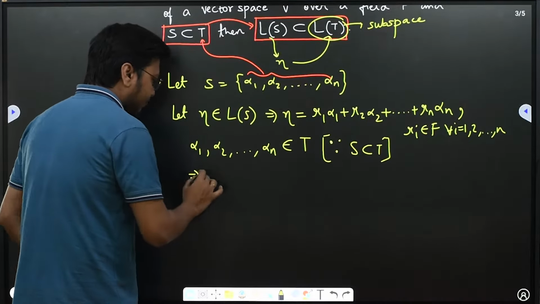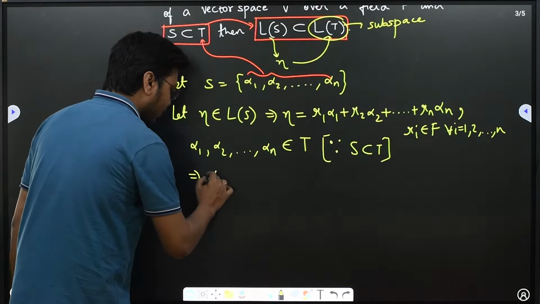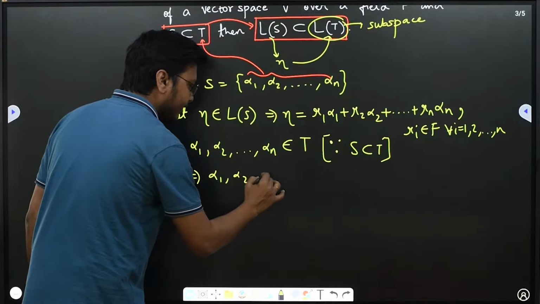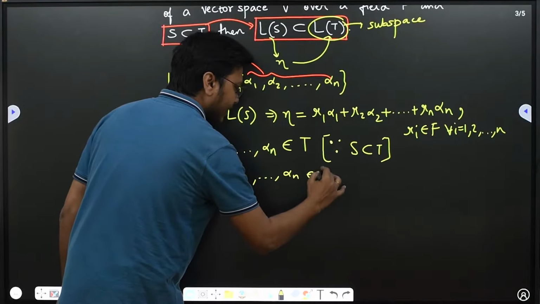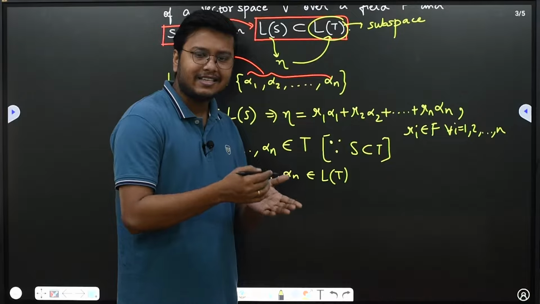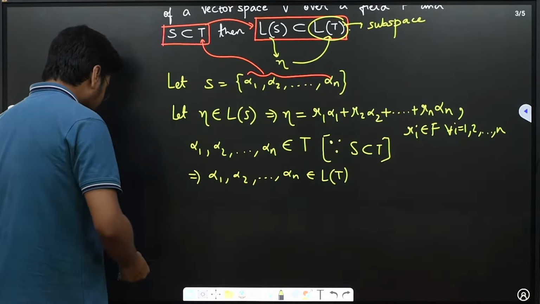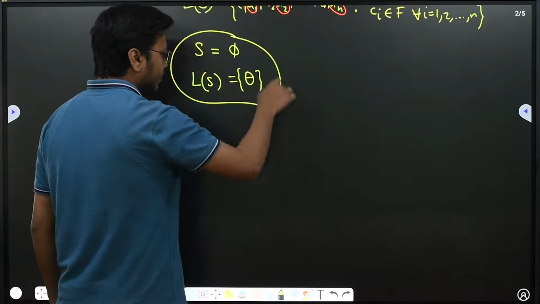So if alpha 1, alpha 2, alpha n, all these elements belong to T, then all these elements definitely belong to L of T also, because each element is a linear combination of itself. Now how could I say that? This is a very simple observation.